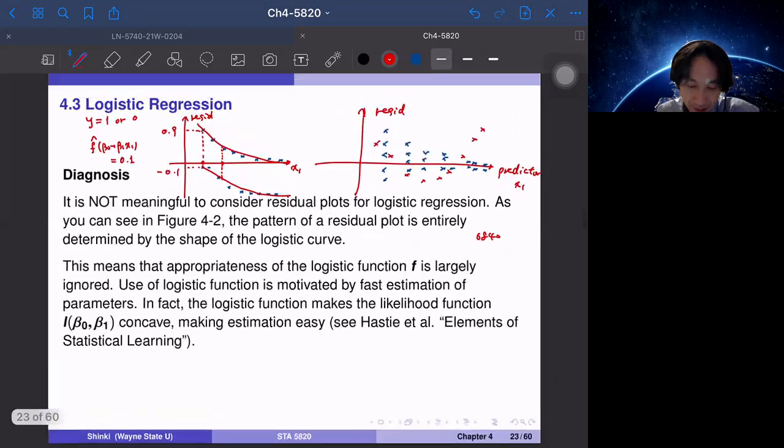Even if we have some problematic pattern, we cannot really improve the situation. For example, in linear regression, if we have a clear curvature, you can introduce a quadratic term to improve the situation. How about logistic regression?